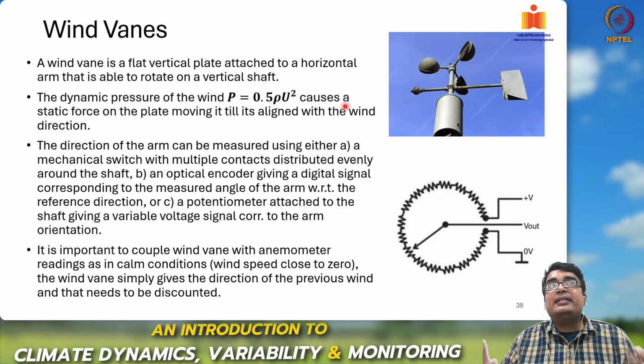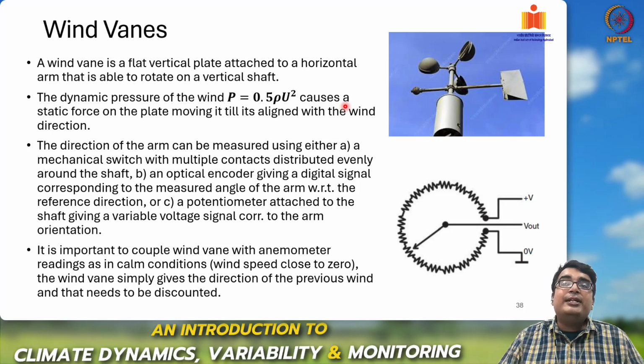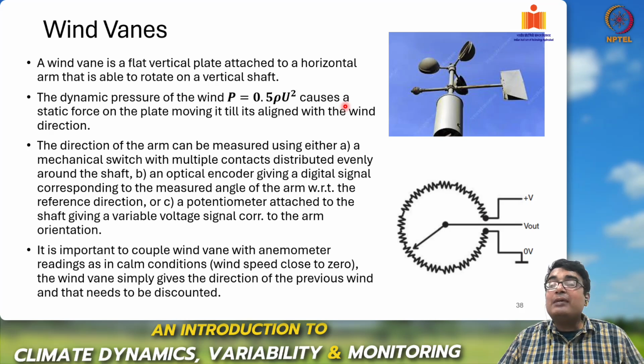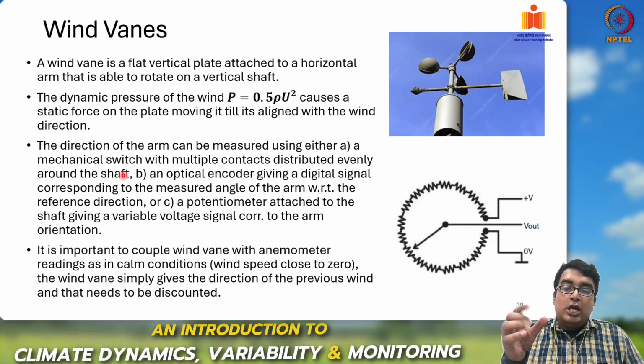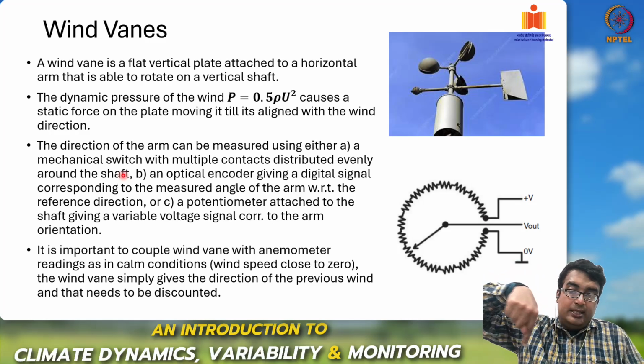Now, obviously, this can be done manually, but in sophisticated systems, an automatic wind direction measuring system is installed. It can be measured using a mechanical switch with multiple contacts distributed evenly around the shaft. So you have a kind of 360-degree circle with multiple switches.